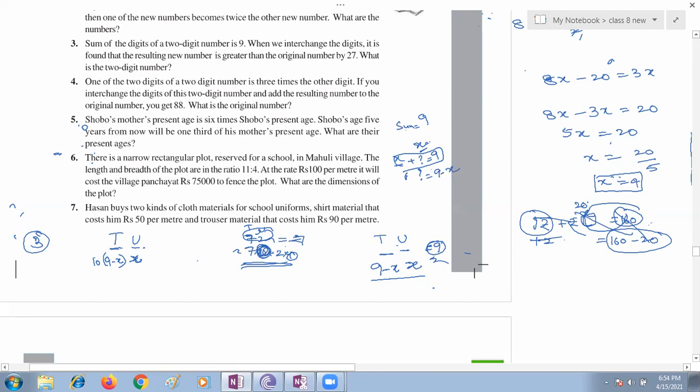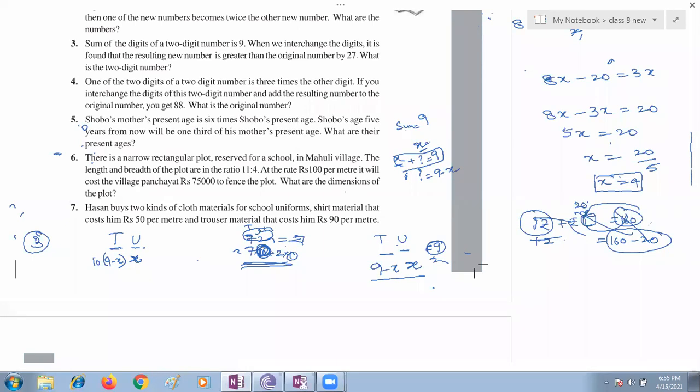Yes or no? Why am I taking 9 minus x here? Suppose one digit is x and the sum of the digits is given as 9. The other digit should be taken as 9 minus x. And since it is in the tens place, I multiplied with 10, so it is 10 multiplied with 9 minus x.